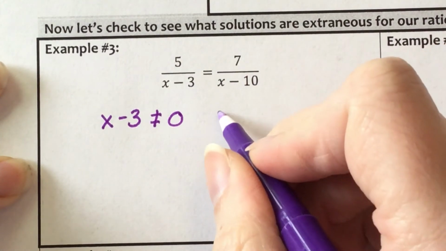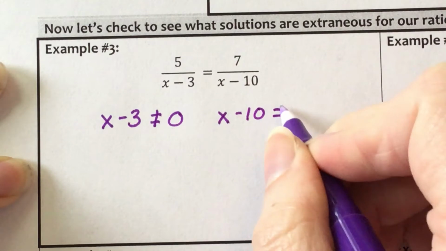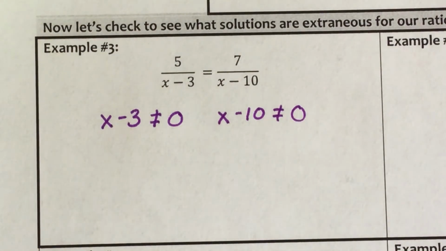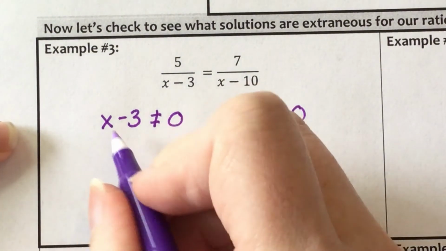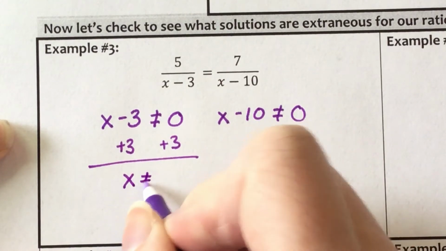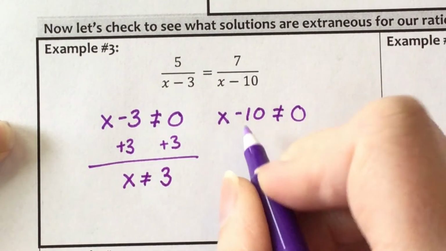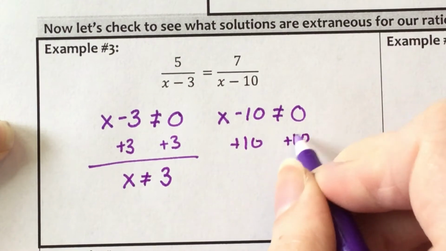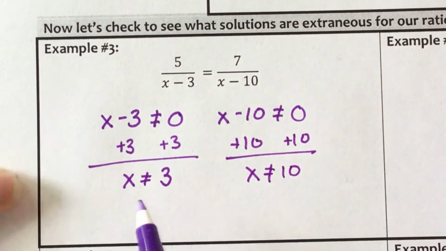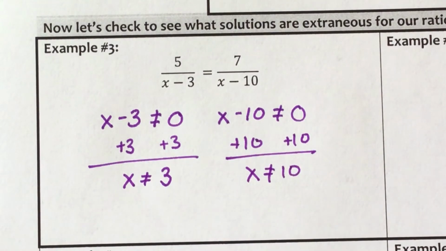Second fraction, same thing. X minus 10 is not allowed to equal 0. And then these are just usually one-step equations or two-step equations. Let's solve. Plus 3, plus 3. So x is not allowed to equal 3. Second one, add 10, add 10. X is not allowed to equal 10. So 3 and 10 are the extraneous solutions.